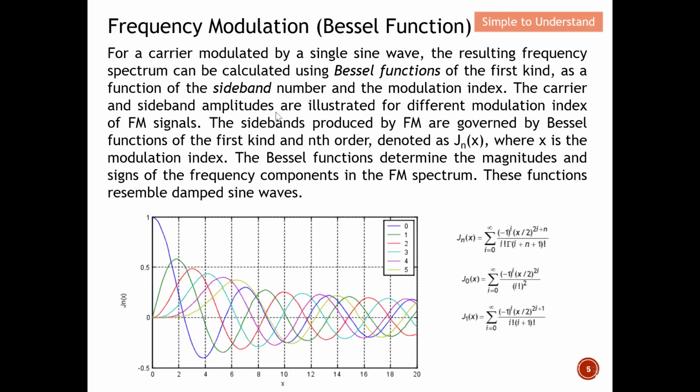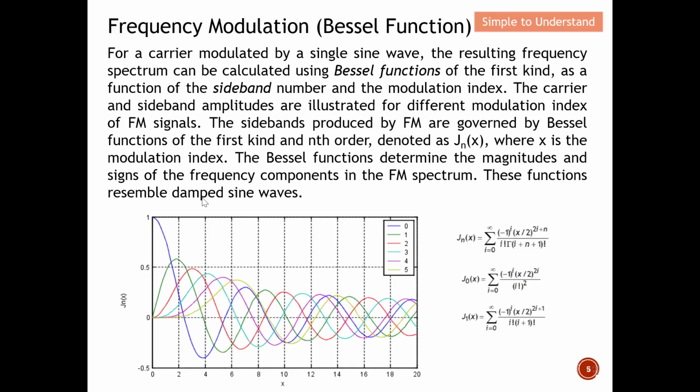The carrier and sideband amplitudes are illustrated for different modulation indices of the FM signal. The sidebands produced by FM are governed by the Bessel function of the first kind and also the nth order, denoted as shown over here, JnX, where X is the modulation index. The Bessel function determines the magnitudes and also the sign of the frequency components in the FM spectrum.